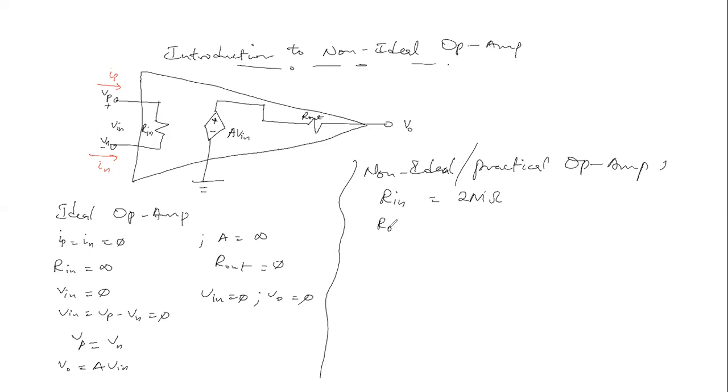And the output resistance is some value of 75 ohms, which is not the same as 0, which is not a complete short circuit. And then the open loop gain could be as high as 200,000, and the common mode rejection ratio could range between 60 dB up to 90 dB.